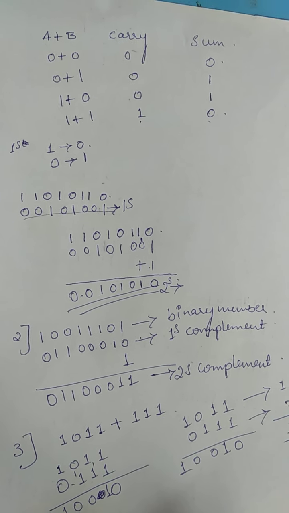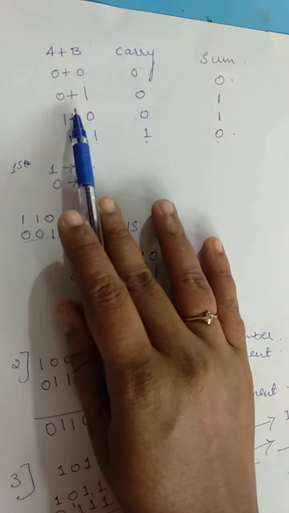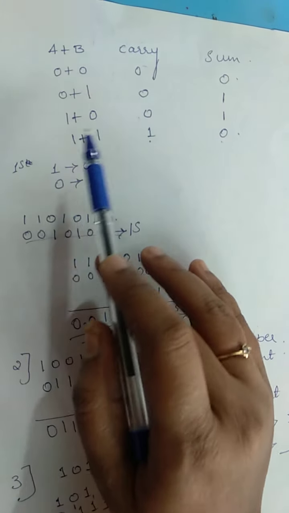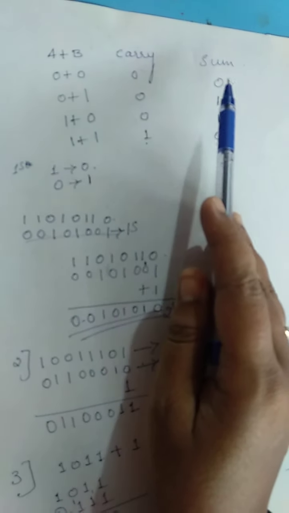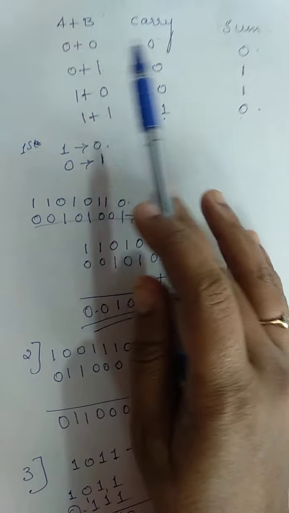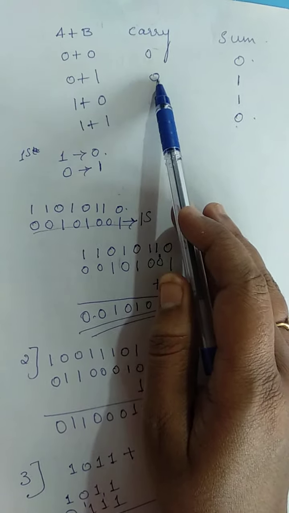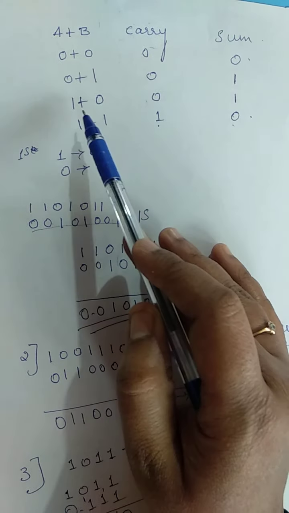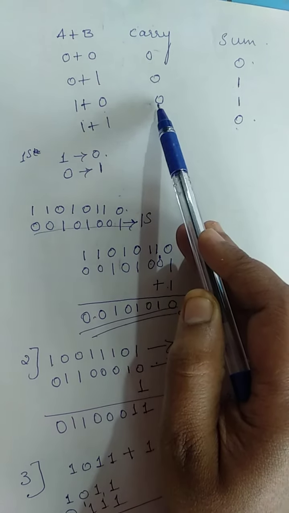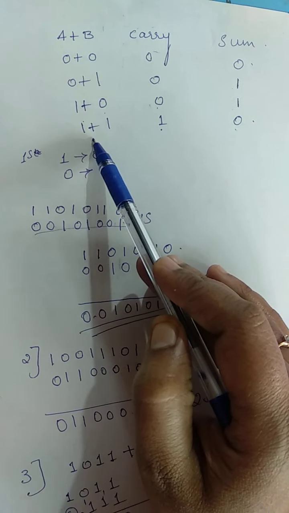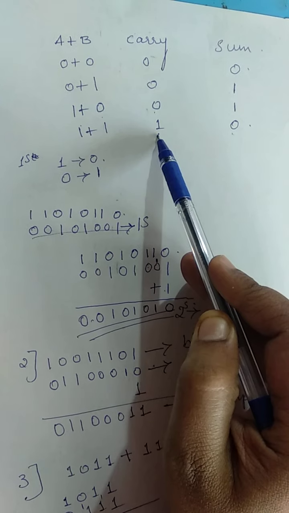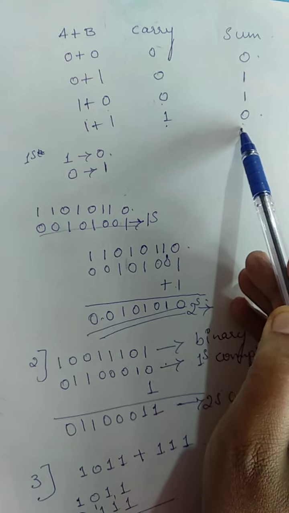So first we'll follow the table: 0 plus 0, carry will be 0, sum will be 0. 0 plus 1, carry will be 0, sum will be 1. 1 plus 0, carry will be 0, sum will be 1. When you get 1 plus 1, the carry will be 1, sum will be 0.